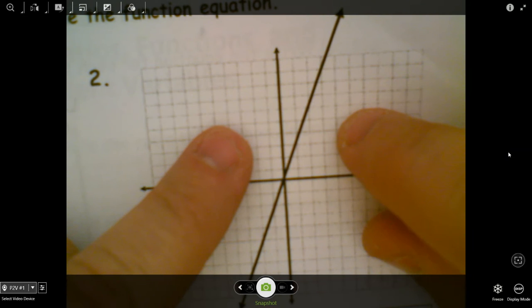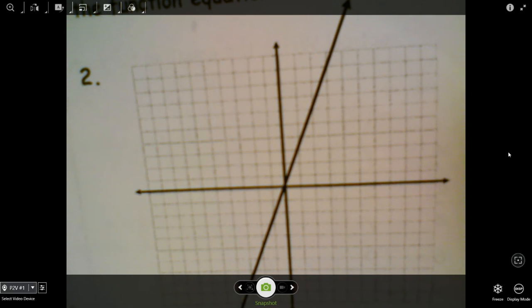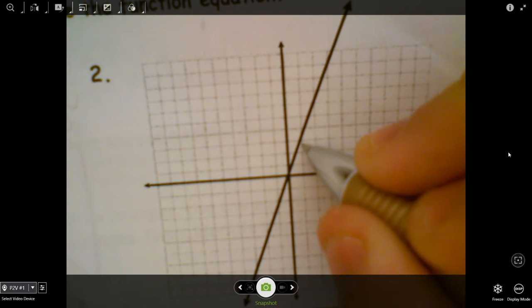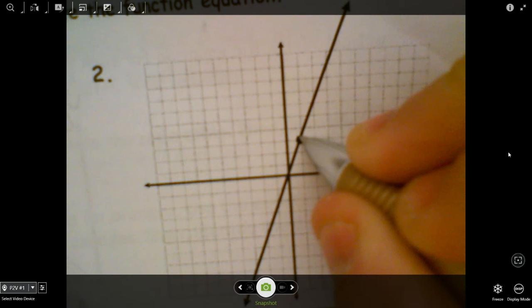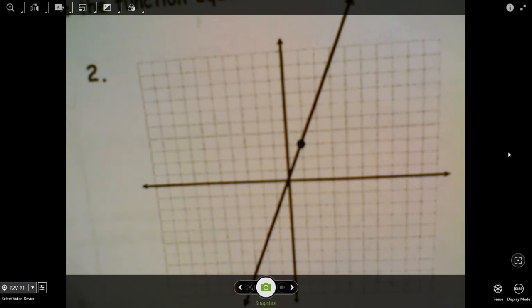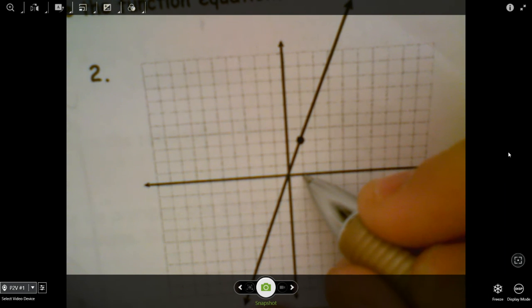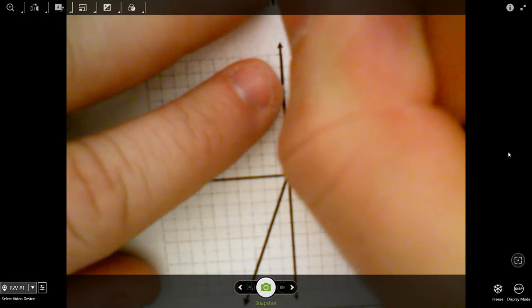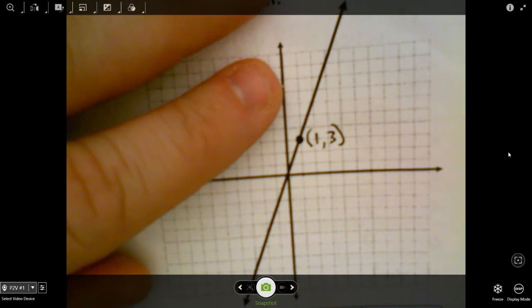So what you have to do is you have to look at your line closely, and you have to find some points where it makes a nice break right through, where it meets somewhere nice. Like right here, if I look closely, it goes through a nice point right there, which is over 1 and up 3. 1, 2, 3. So this point is called 1, 3.